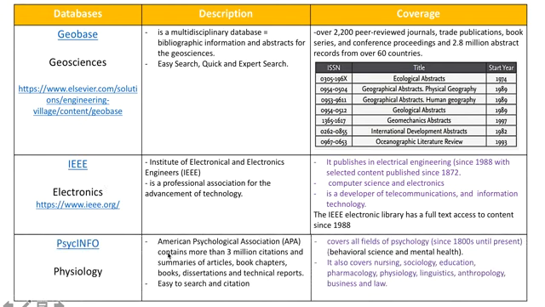In addition to the final database, which is issued by the American Psychological Association and contains more than 3 million citation summaries of articles, book chapters, reports, and it's easy to search.